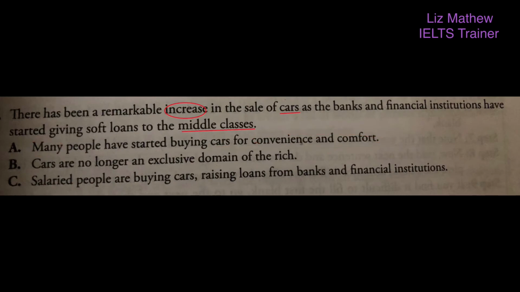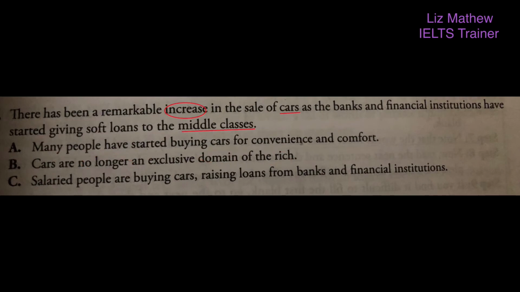The next statement is, cars are no longer an exclusive domain of the rich. The right answer is true, since the original text does not talk about the domain of the rich, but states clearly that the middle class have started buying cars, taking soft loans, so the answer is true.